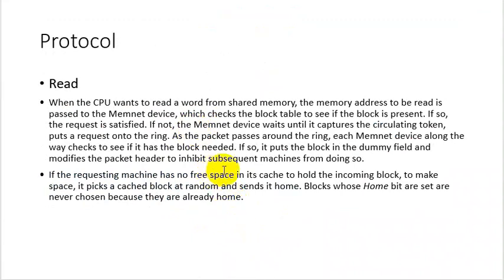Next, we are going to see the read protocol. Now, let's understand how a read request works in the Memnet architecture. When a processor wants to read a memory block, it first checks whether the block already exists in the local cache. If it is available, the read operation finishes immediately. If not, the processor waits for the communication token and sends a request around the ring.